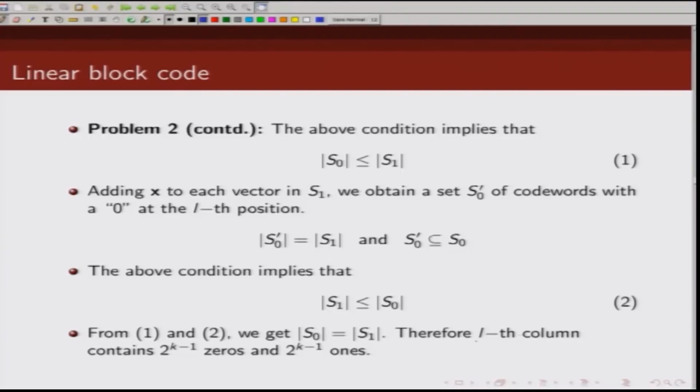So basically each column will have the same number of zeros and ones.